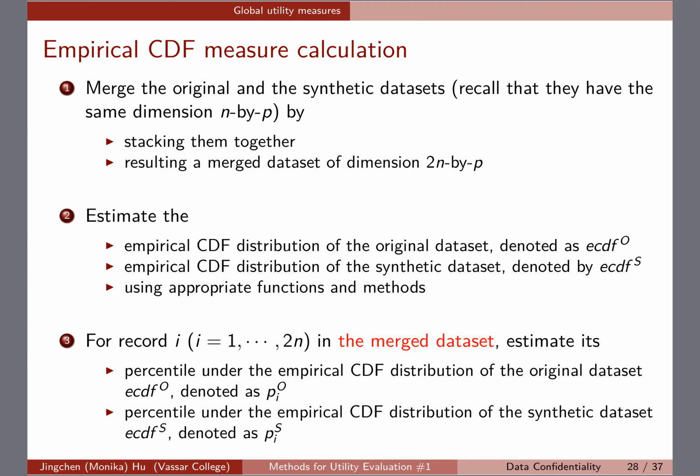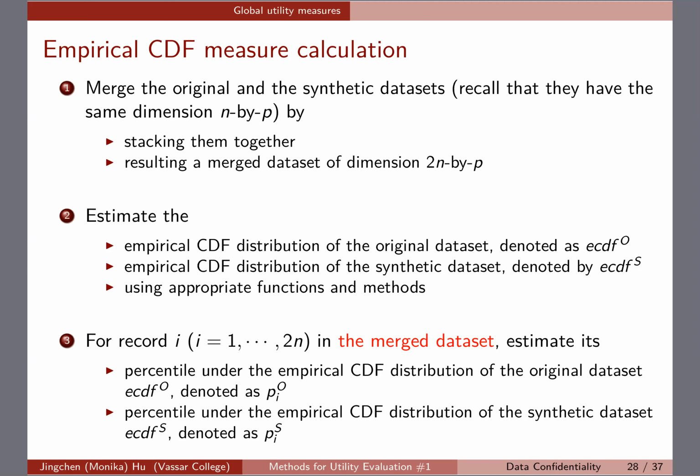What you do is estimate the percentile of each record under the CDF of the original, and you also estimate the percentile under the empirical CDF of the synthetic. Notice that when you estimate the empirical CDF on the original data set, which has M by P, you just imagine it is there. But you can use any other record, even in the data set or outside the data, to estimate the percentile.